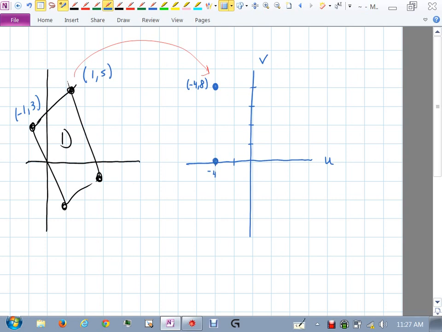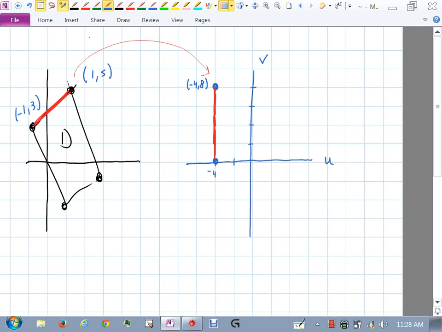Here we go. So look, the line that connects these two right here is going to be the same as the line that connects these two in the UV plane. So if I connect here, that line is where this line went. The linear transformation will take that line over to that line. Okay? And then we continue and connect.